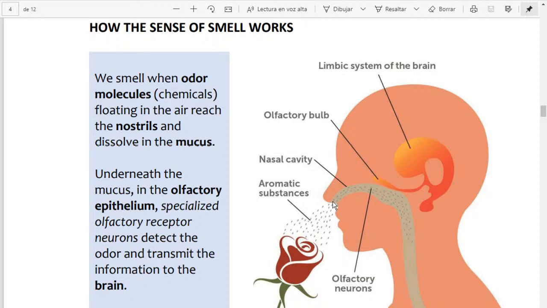These chemicals or molecules end up in this part, the olfactory terminal, and from here they go to this part of the brain.